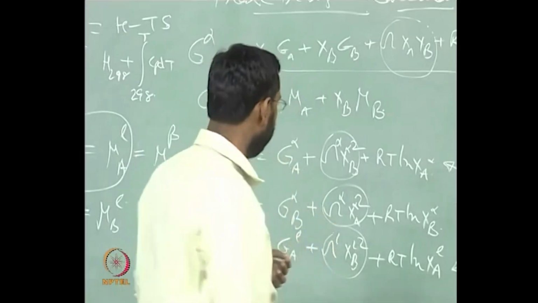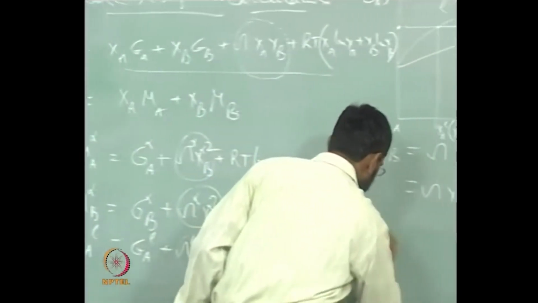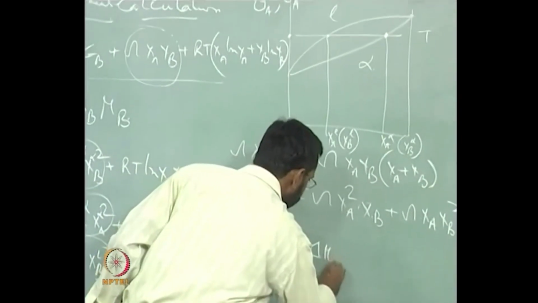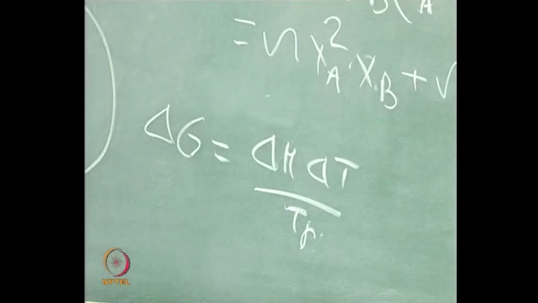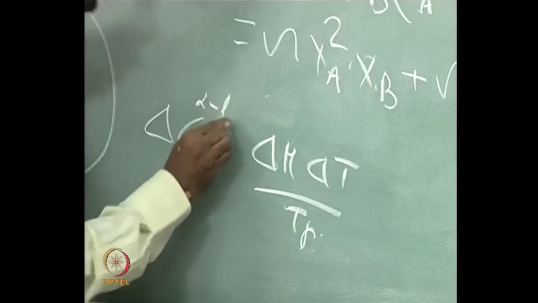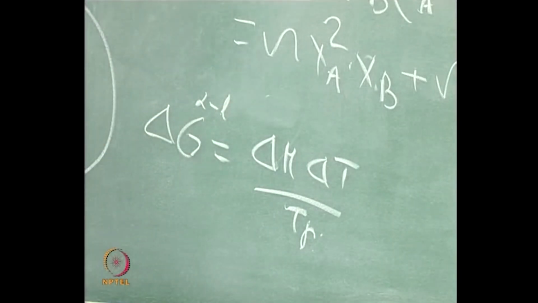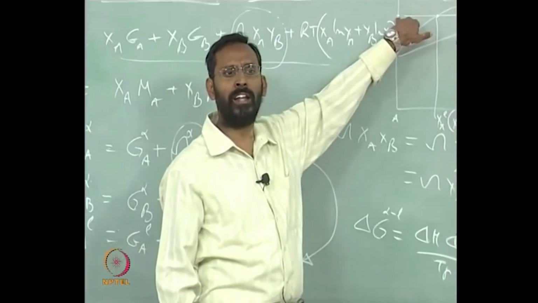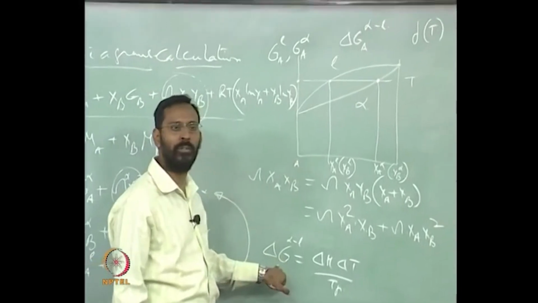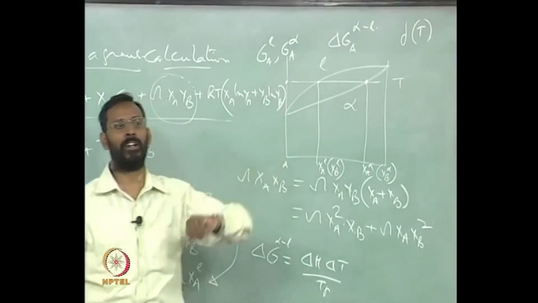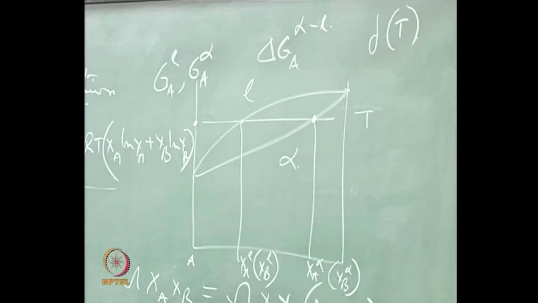We have seen that delta G is equal to delta H into delta T by Tf, am I right? This we know, and this is nothing but alpha to liquid. If I want to find out the alpha free energy at this temperature, I simply have to calculate the liquid free energy at that temperature, and to that I add this value, then I will find the alpha free energy at that temperature, which will be higher than that of the liquid.